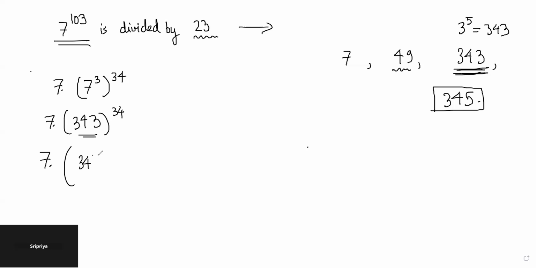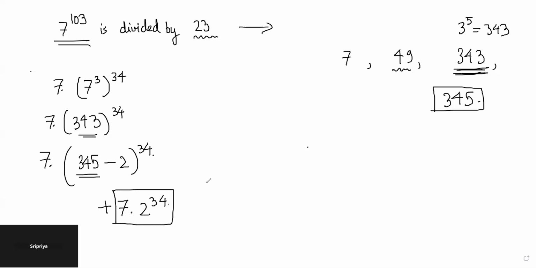So 345 minus 2 to the power 34, right? Every term that has 345 is divisible. So all we have to look at is 7 times minus 2 to the power 34, so 2 power 34. And 7 times 2 power 34, whatever is the remainder on dividing by 23, right?